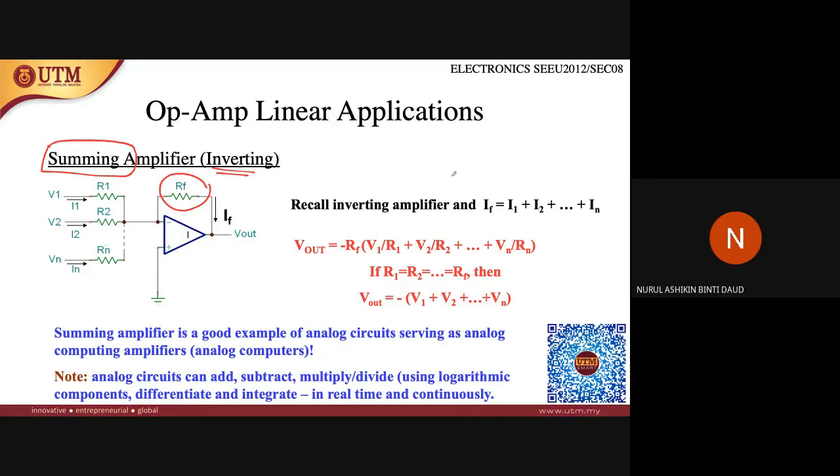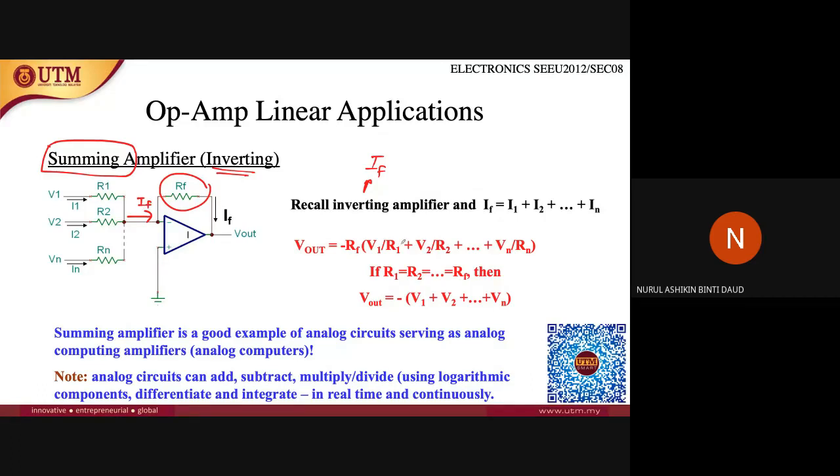For yesterday's inverting amplifier, the current IF is the same as the current I1. But since the summing amplifier has multiple input signals, IF will be equal to I1 plus I2 plus IN, since this is also parallel, so the flow of IF here is the same as here.